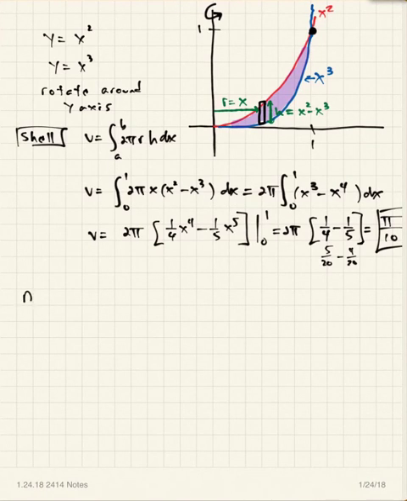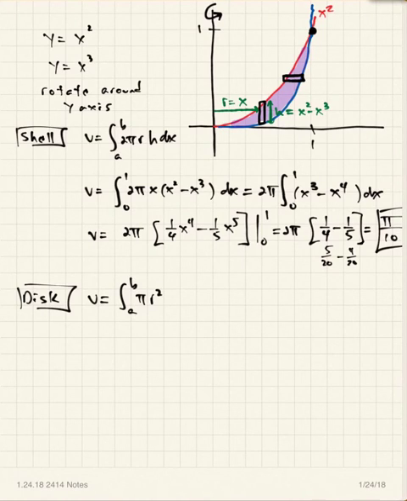Disk method. The disk method volume would be the integral from a to b of pi r squared. And in our picture here, if we're going to use the disk method, rotating around the y-axis, disk method would require a horizontal rectangle.